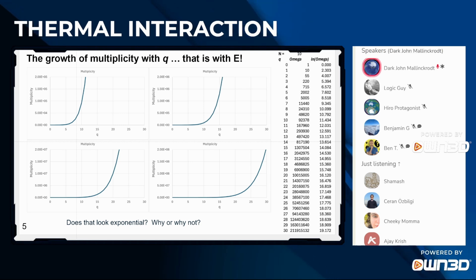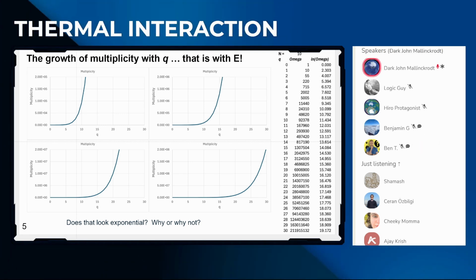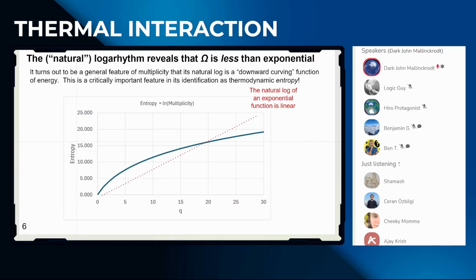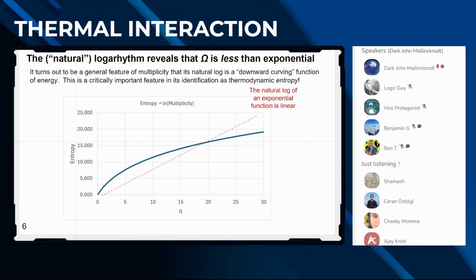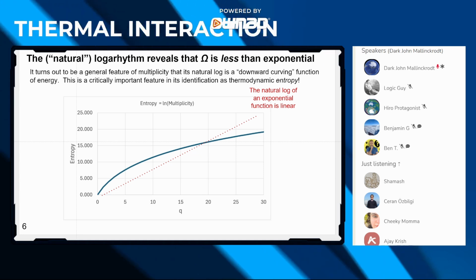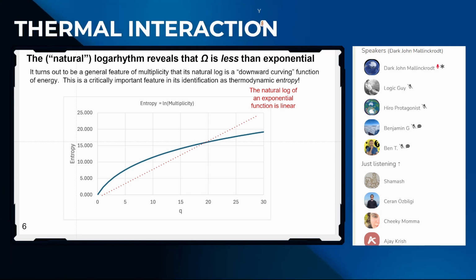That's best reflected on the next page by the fact that if I take the logarithm of an exponential function, what I get is a linear function. In this case, I don't. The natural logarithm of this function is not a linear function.